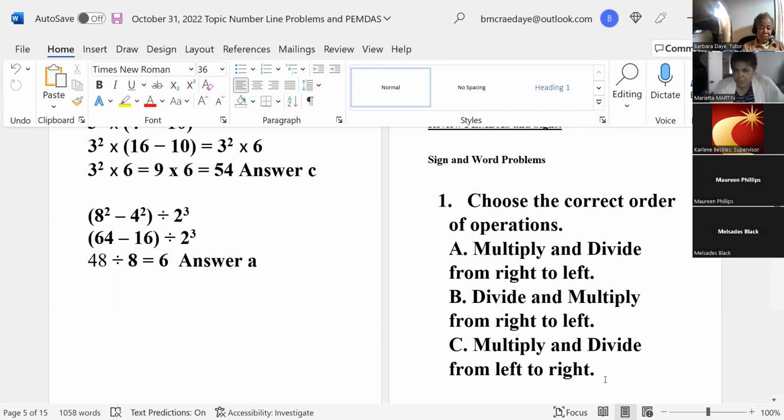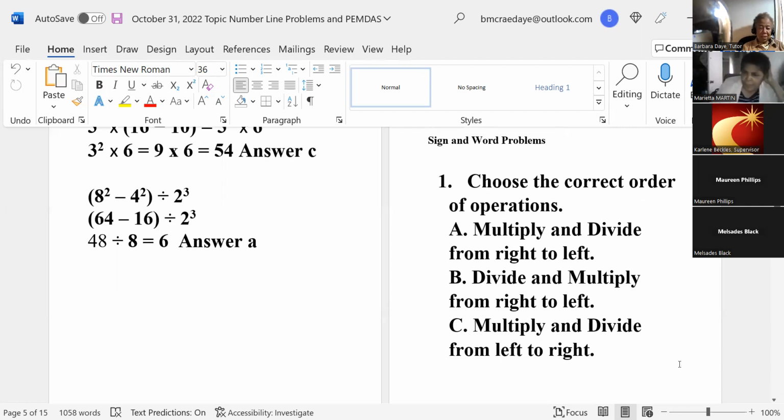What was the rule I just gave you? Choose the correct order of operations: multiply and divide from right to left; divide and multiply from right to left; multiply and divide from left to right. Which of these is correct? A.